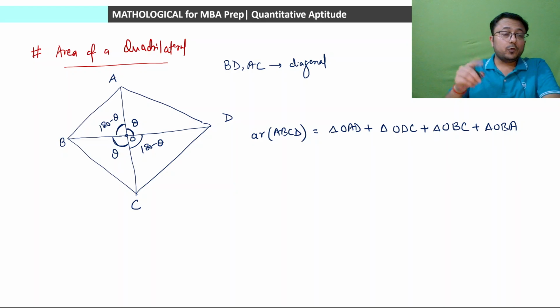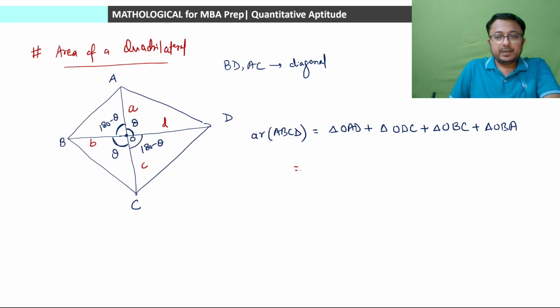and area of triangle OAD will be equal to 1 by 2 OA into OD sin theta. ठीक है, 1 by 2 OA into OD sin theta. Let us say OA is small a, OD is small d, OB is small b, and OC is small c.